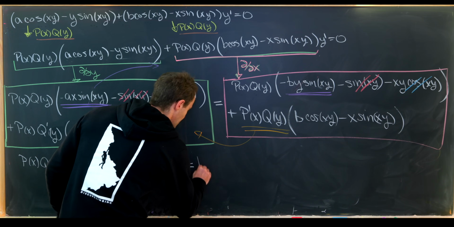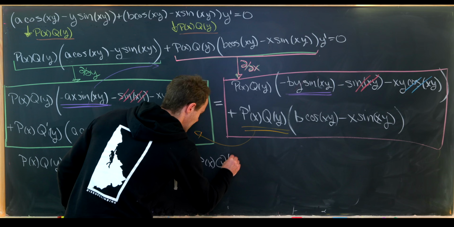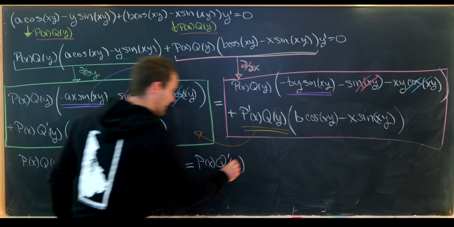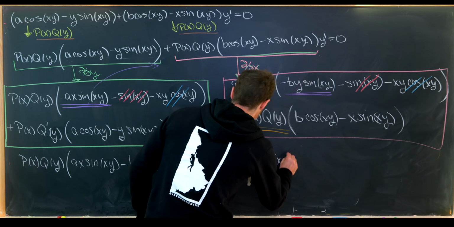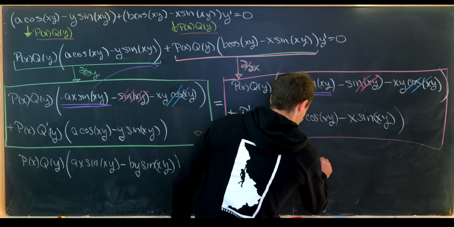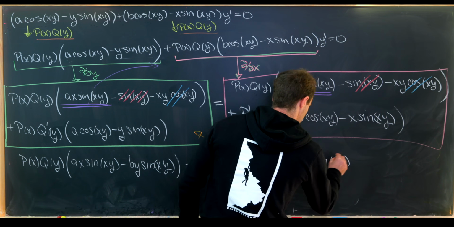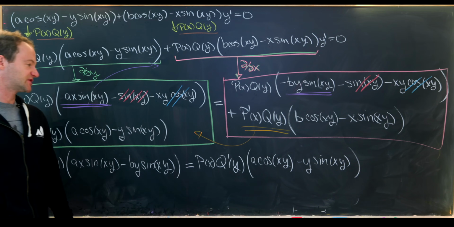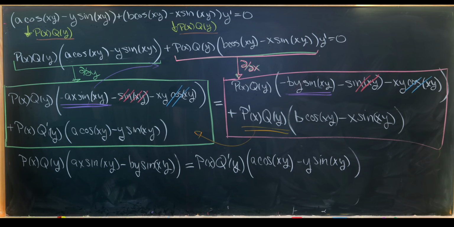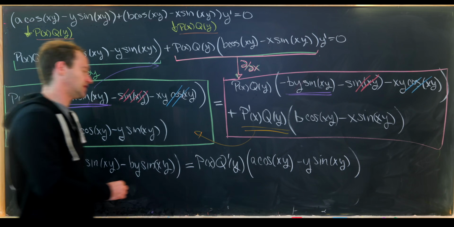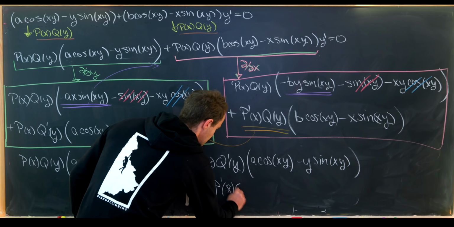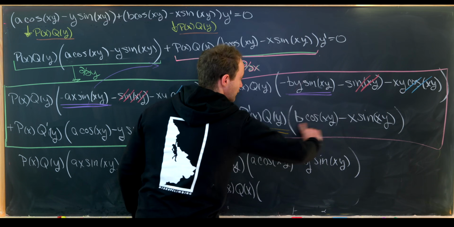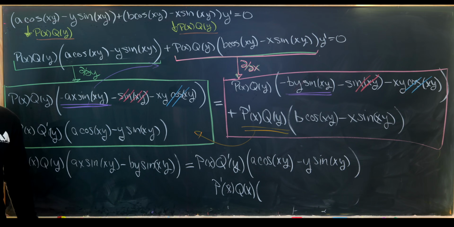So let's do that. We have p of x times q prime of y times a times cosine of xy minus y times sine of xy. So that's everything attached to the p times q prime. Now let's have everything attached to the p prime times q. So we'll have p prime of x times q of y will be equal to this, but with the signs changed.